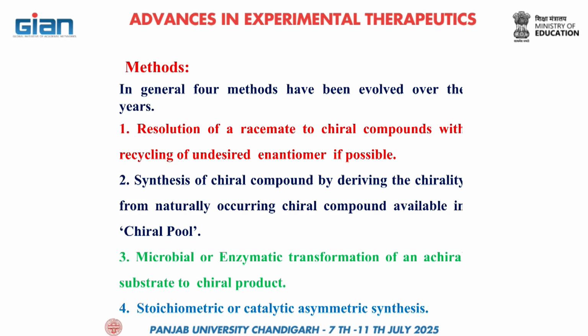On your screen, these are general methods. First is resolution of a racemate to chiral compounds, with recycling of the undesired enantiomer if possible. I will take them one by one. Second is synthesis of chiral compounds by deriving chirality from naturally occurring chiral compounds available in the chiral pool. Third is microbial or enzymatic transformation, and fourth is catalytic asymmetric synthesis. These are the general methods available.